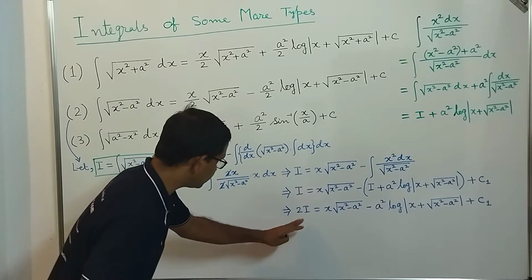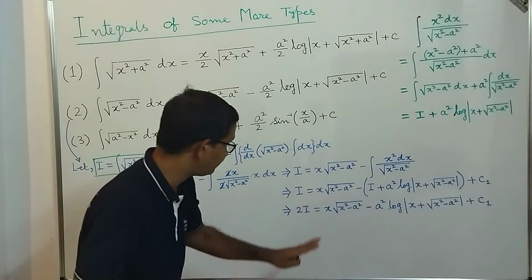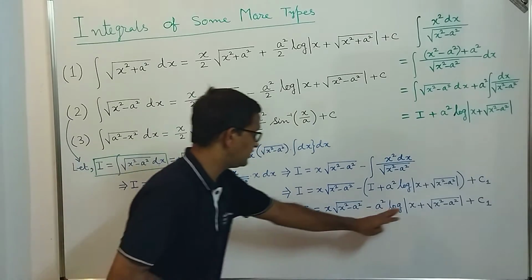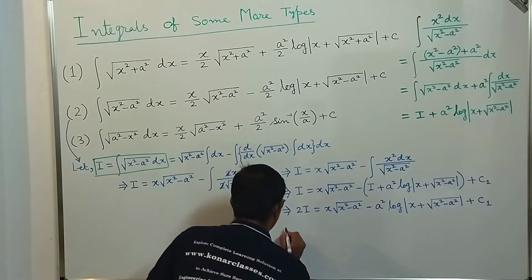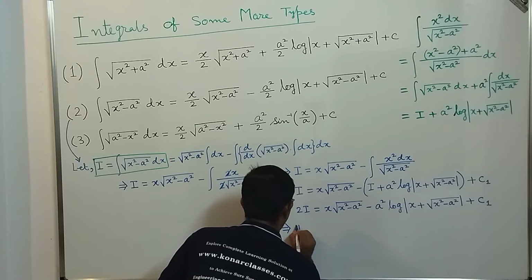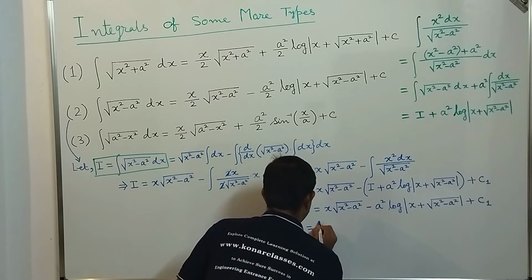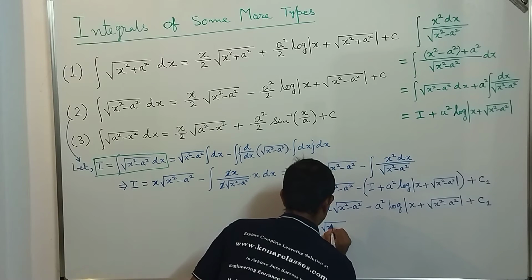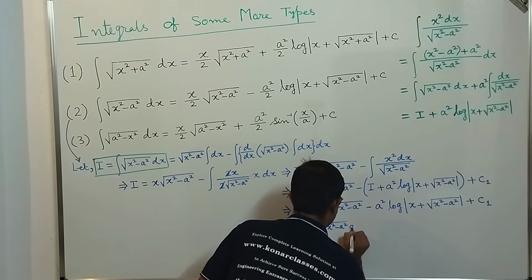Now dear students, our purpose is to find the value of I. So we should divide both sides by 2. So from here we get I, that is equal to integration of square root of x square minus a square dx.